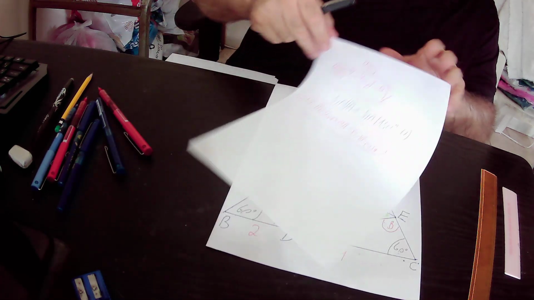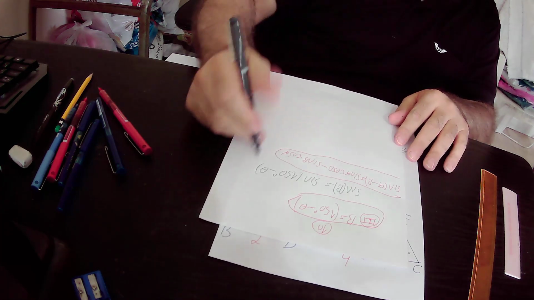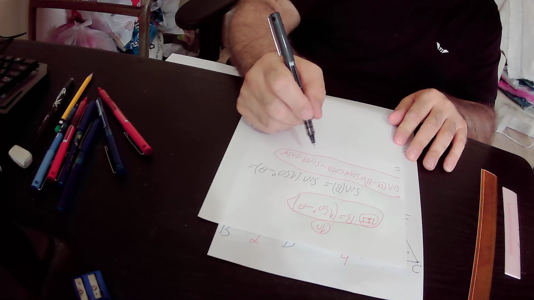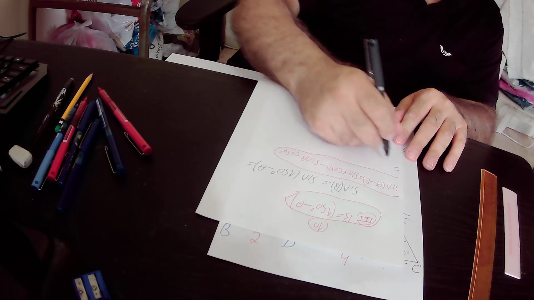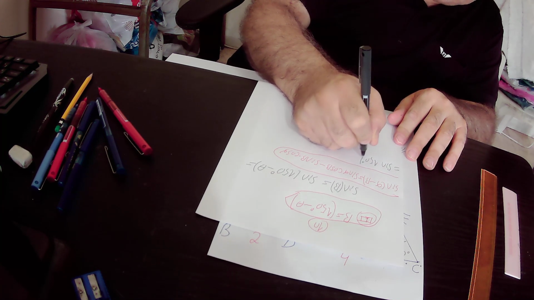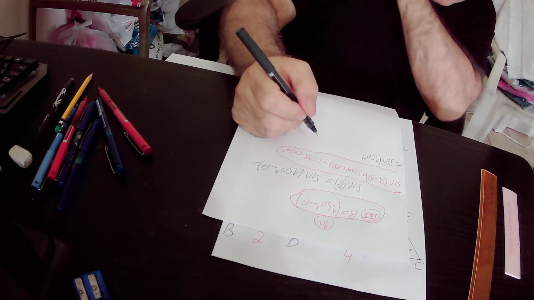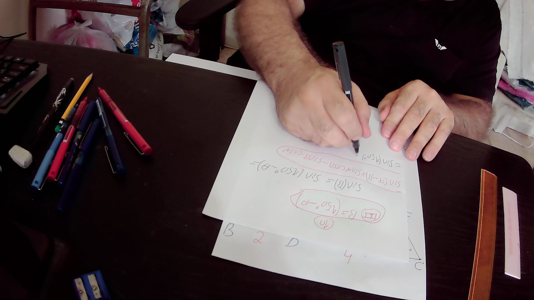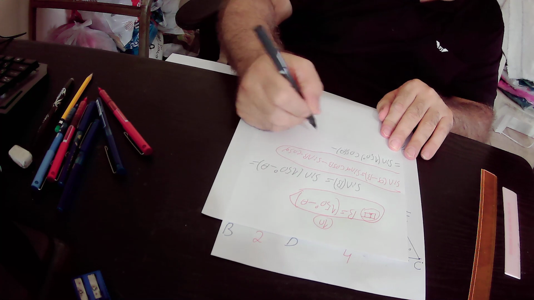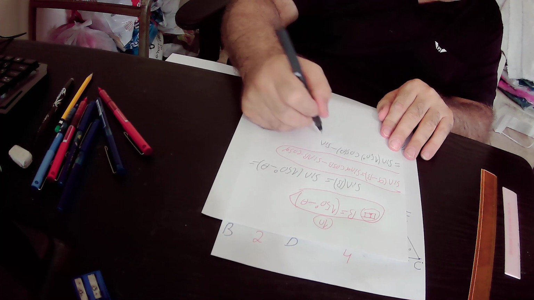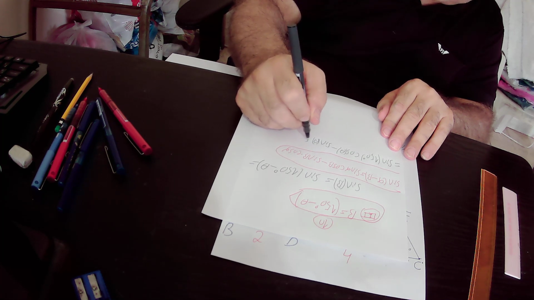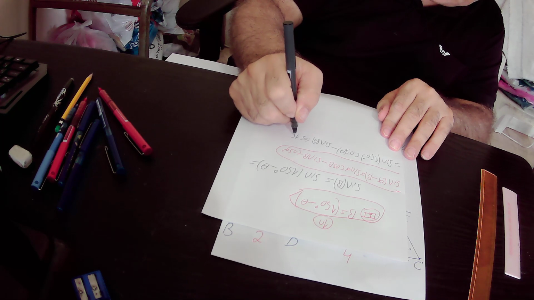So what we will get is that sinus 150 degrees minus theta equals sinus 150 degrees times cosinus theta minus sinus theta times cosinus 150 degrees.